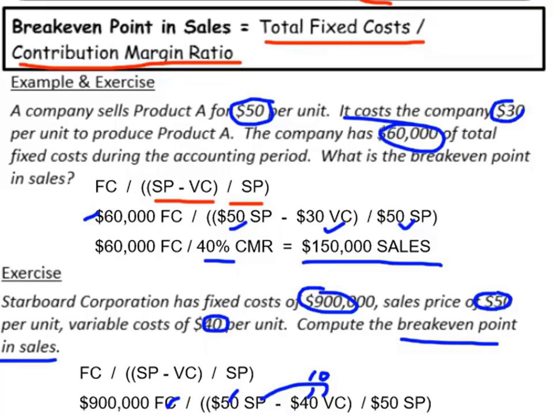So it'll be $900,000 in fixed costs divided by my 20% contribution margin ratio, and that means I have to generate $4,500,000 in sales in order to break even, given my selling price of $50, my variable cost of $40, and $900,000 of fixed costs.